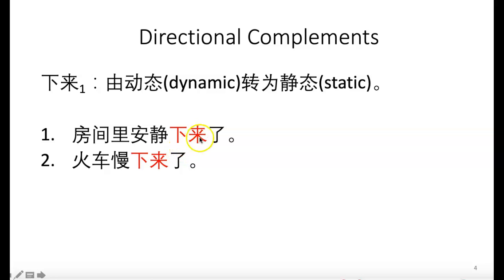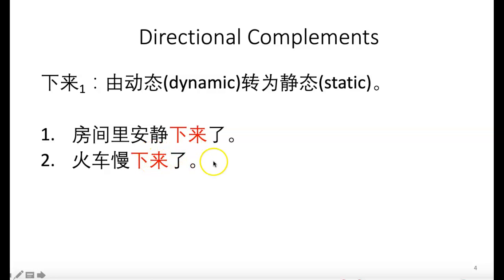So you can see by using 下来, in this case, we put the 下来 after 2 adjectives, 安静 versus 慢。好，these 2 adjectives behave more like verbs. So we're saying the status of the room changed from being quite noisy to quiet, and the train changed from moving really fast to really slow.